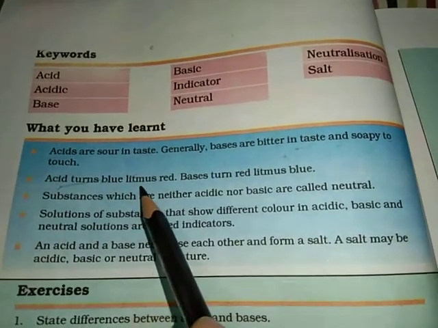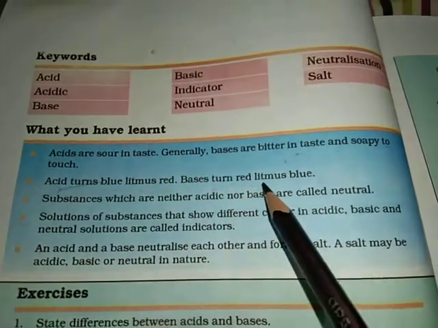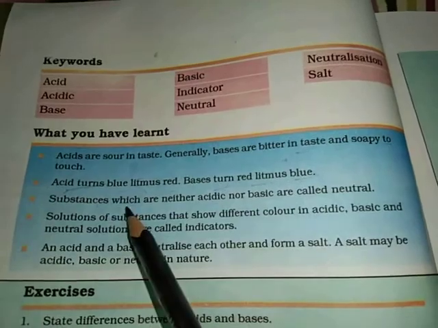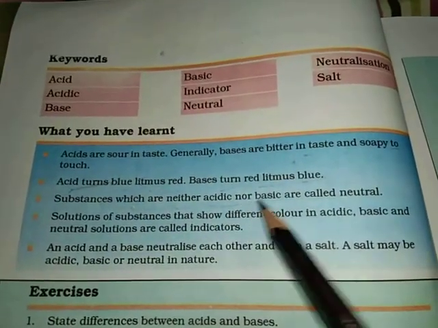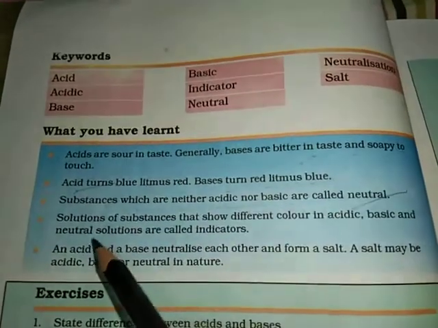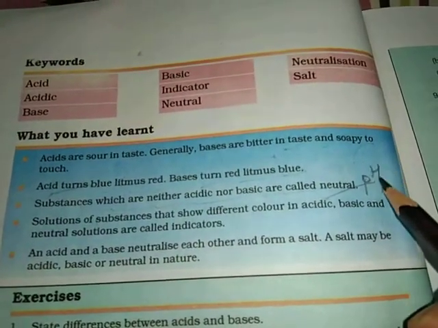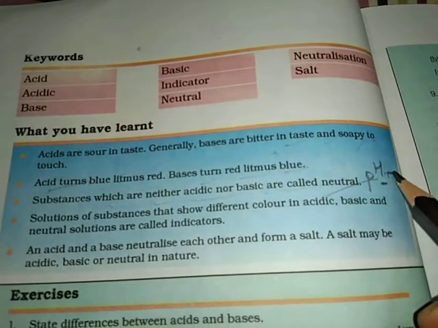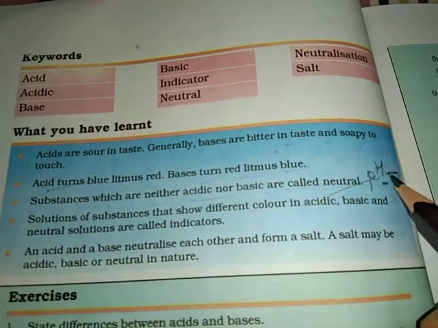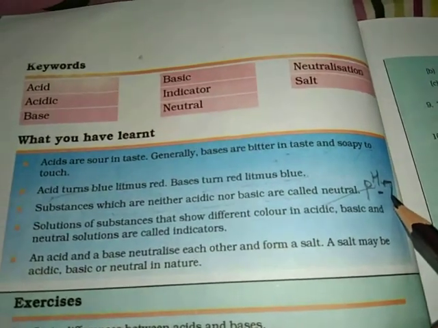Acid turns blue litmus red. Bases turn red litmus blue. Substances which are neither acidic nor basic are called neutral. Solutions also have pH. There is a pH scale. On that pH scale, a neutral substance has exactly 7 pH.